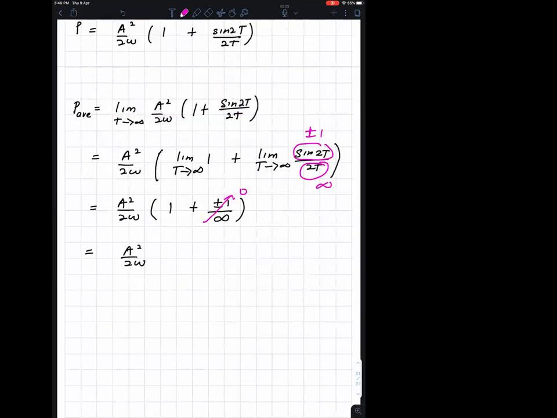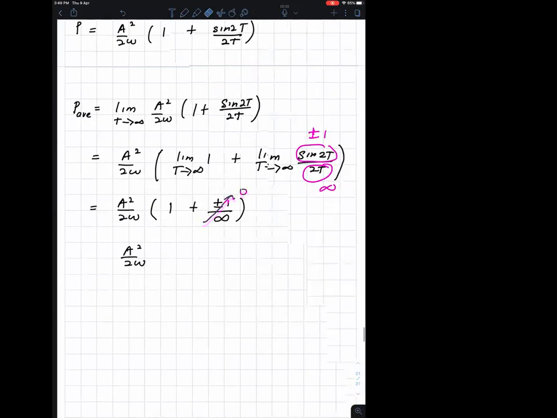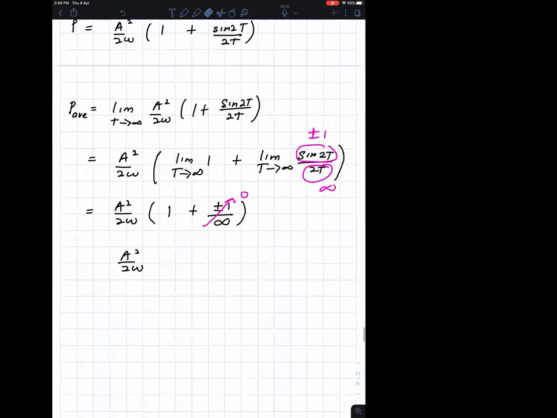So finally, your average power is a squared over 2 omega.